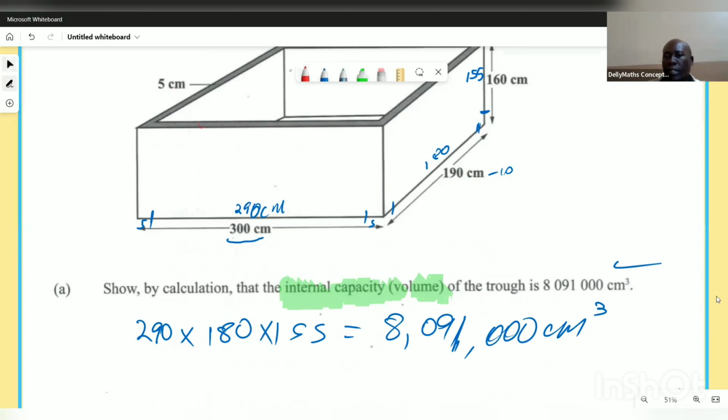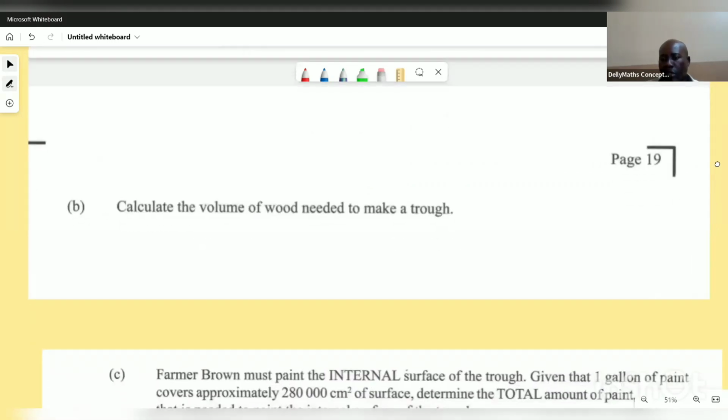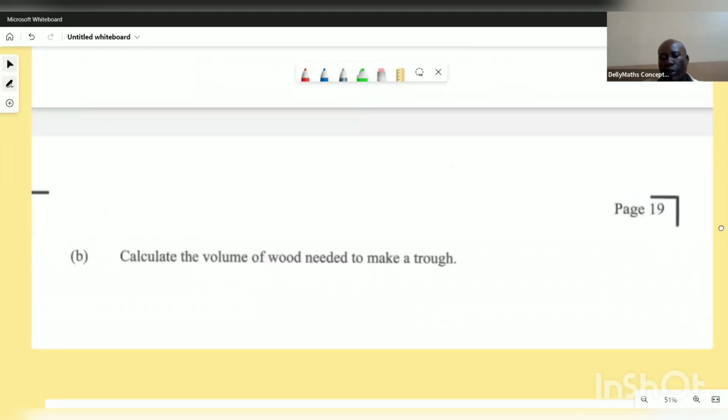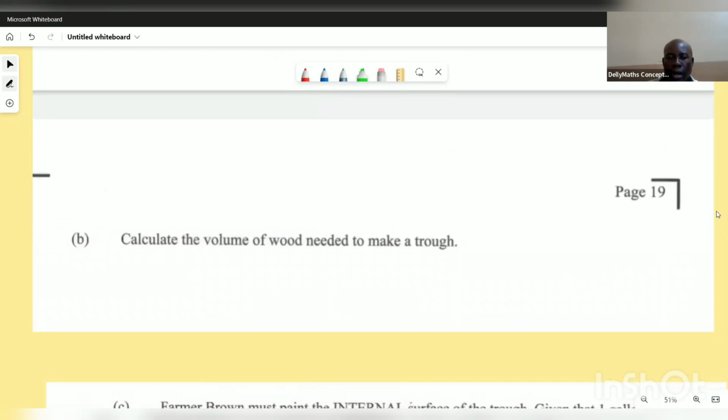Let's look at the next question. It says, calculate the volume of wood needed to make the trough. Basically, we're going to find the external volume and subtract the internal volume.